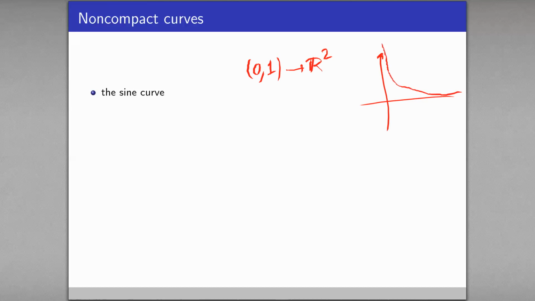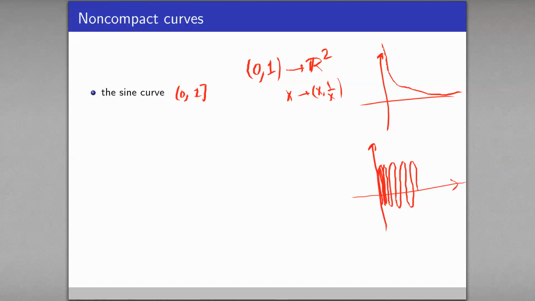So for example, here x goes to x and 1 over x. The sine curve is possible because it's not defined on 0 included, but rather on 0 to 1, say. This 0 being open allows you to do more and more of this wiggling.